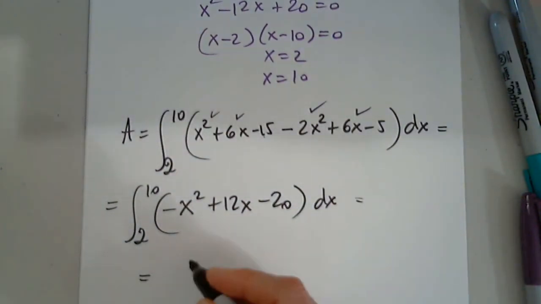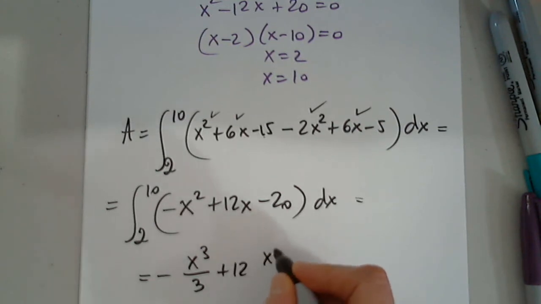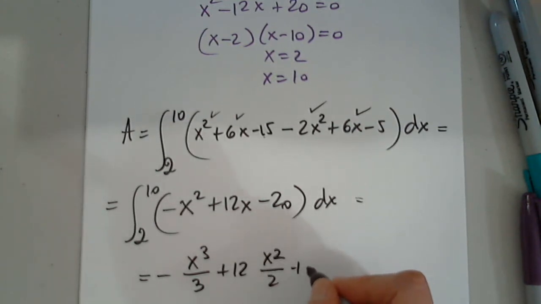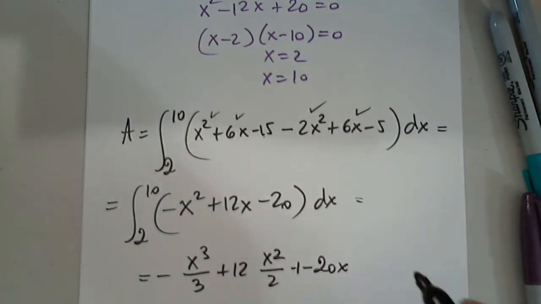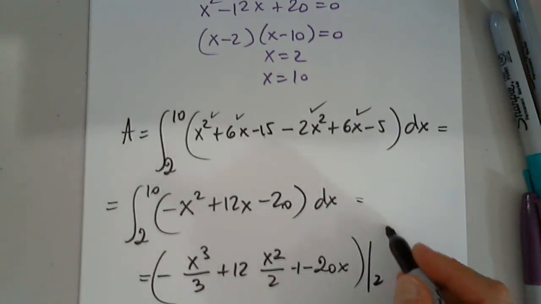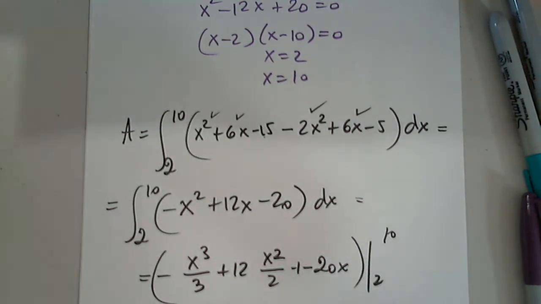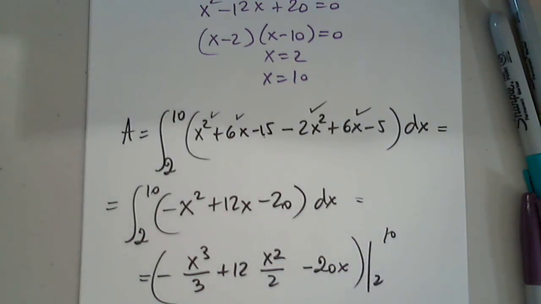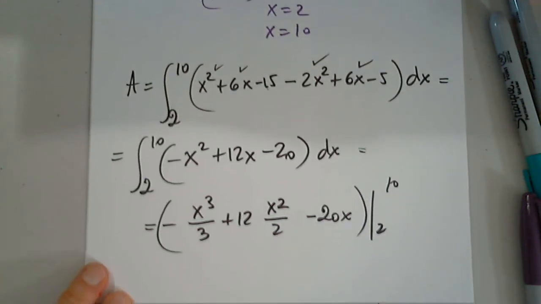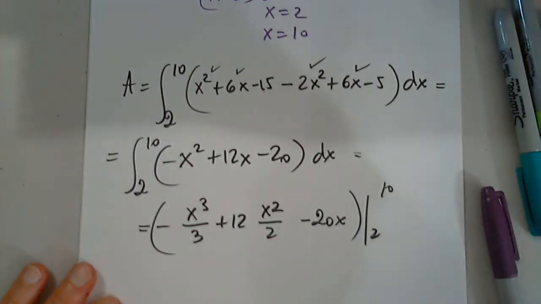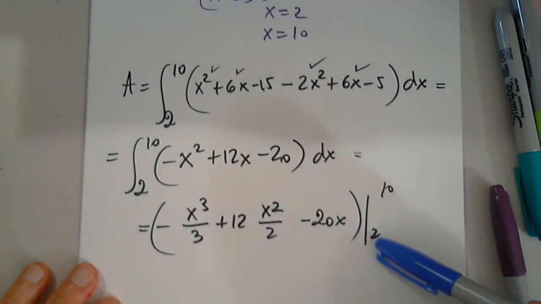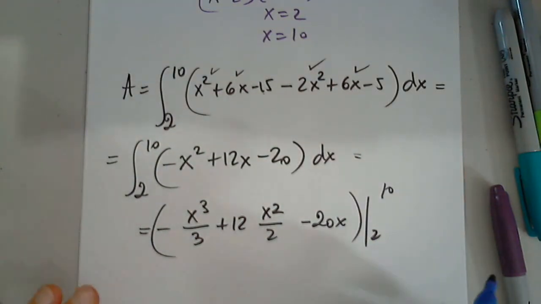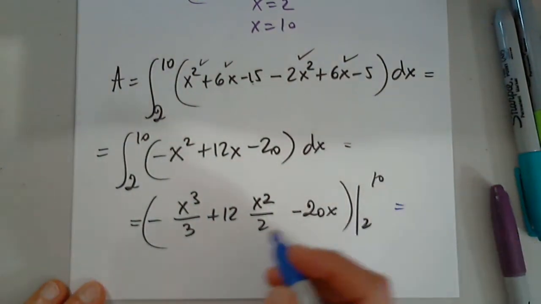And now this is just plugging in. Negative x cubed over 3 plus 12x squared over 2, minus 20x from 2 to 10. Okay. So I plug in, and now it's more complicated because I don't have 0 as the lower limit. I love those with 0 as the lower limit.